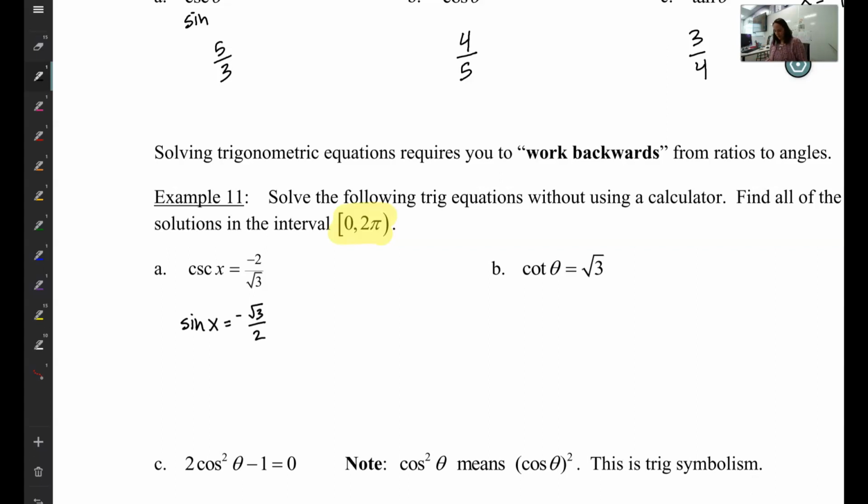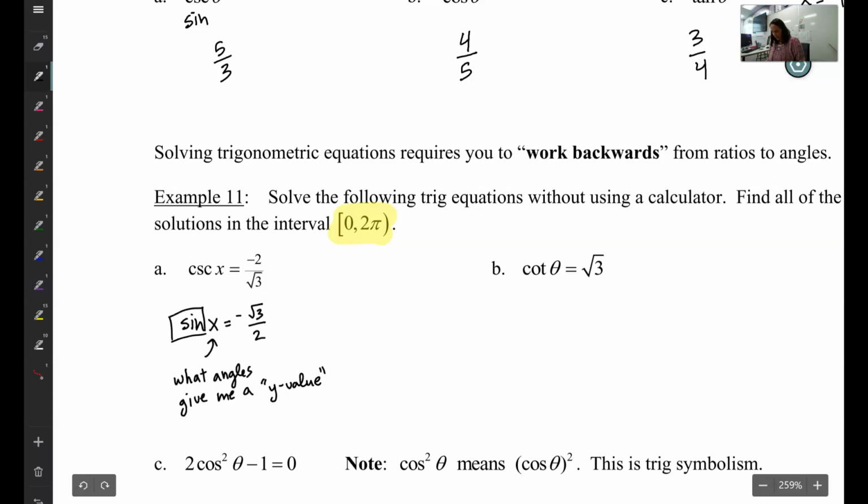And here's what this means. This x means what angles give me a y value, and we know it's a y value because it's sine. If it was cosine of x, we would say what angles give us an x value of -√3 over 2.